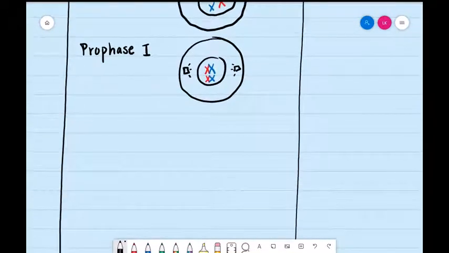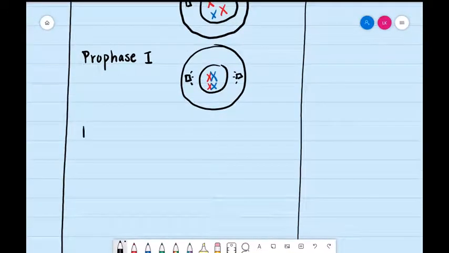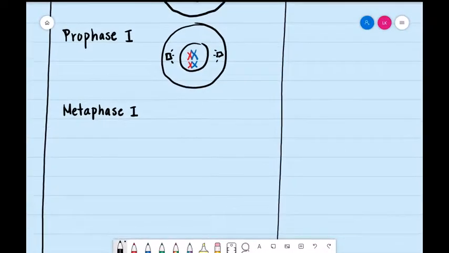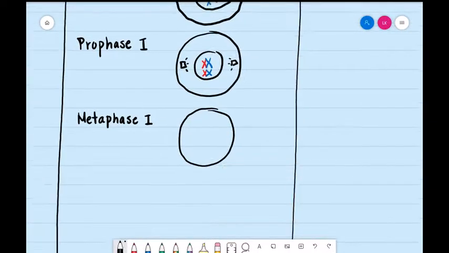Next thing that happens is metaphase, and we're going to give it the Roman numeral 1 afterwards as well, because it's metaphase 1. So again, cell, sorry my circles aren't perfect, centrioles. Now, here's where things get interesting.